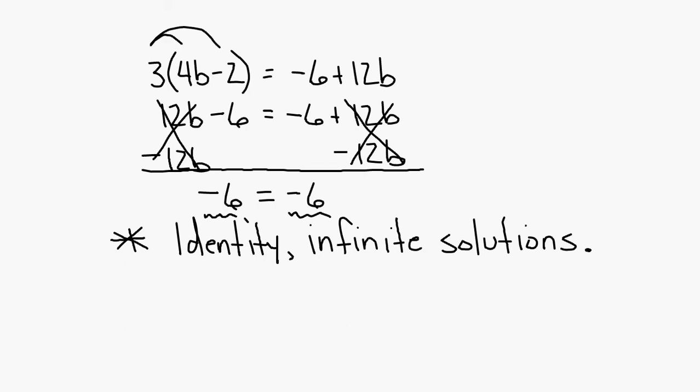The second type of problem that you're going to see today will look like this. 2x plus 7 is equal to negative 1 times 3 minus 2x.